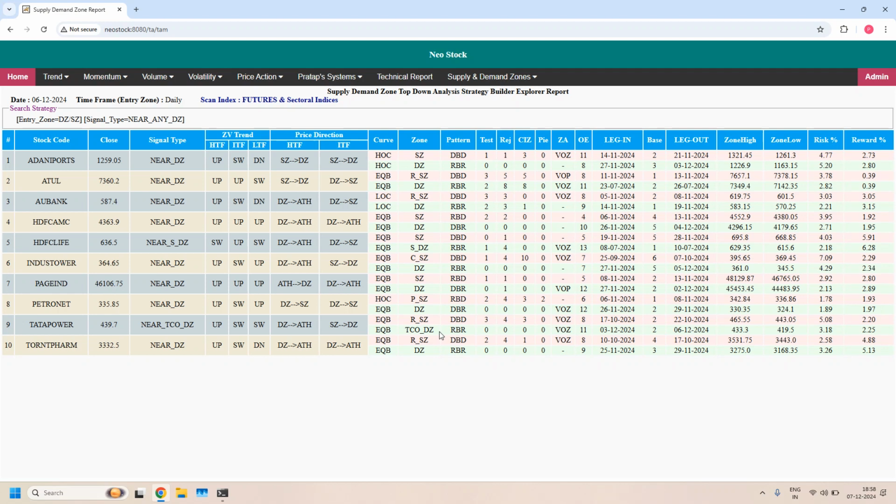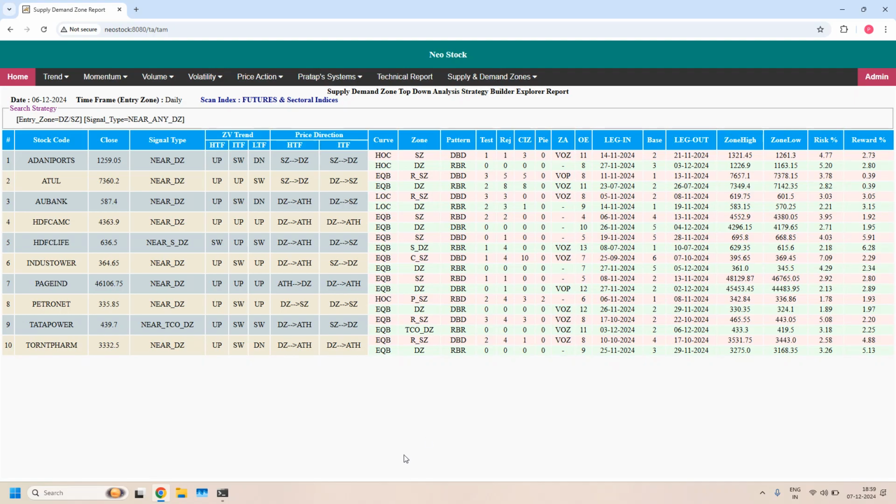We already discussed all these concepts in our training lesson on the TCO zone. I don't remember the lesson number, maybe lesson 25 or 24. One of these lessons you learned. Otherwise, this is a clear high priority, high liquidity zone. You can also try on Tata Power.